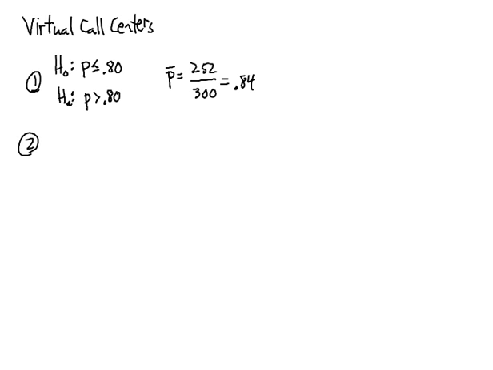Step 2 is the sampling distribution. And for percentages, the center of that distribution is going to be the 80%. Now, we always use a z-table or normal distribution to work with the sampling distribution of the proportions.